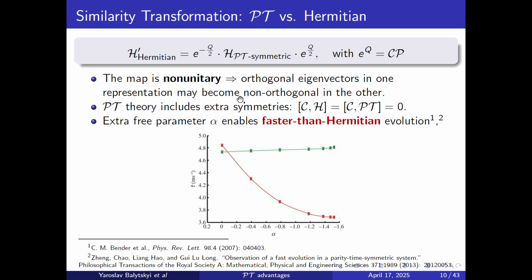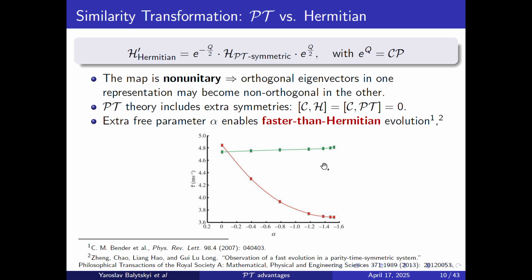This doesn't mean that the speed is faster, but that the distance is smaller. The alpha parameter enables control of the angle between the vectors, and in the PT-symmetric case the vector has to turn through a smaller angle, and as a result, evolution is faster. In fact, we are using this alpha parameter in our paper as well.